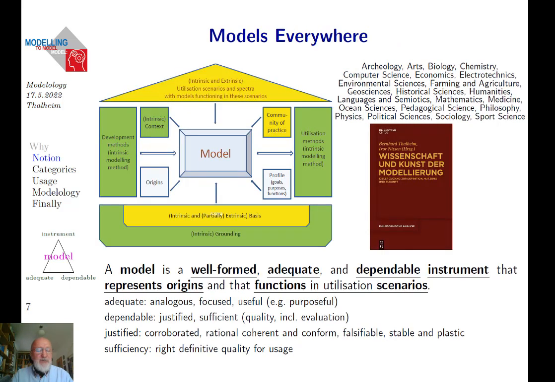My claim is models are everywhere. If you see here the Brown book, unfortunately it is written in German language, we have been analyzing about 40 different disciplines in sciences and engineering and came up with a detailed discussion in about 20 disciplines, and we came up with some kind of architecture, a common understanding of a model after this bottom-up analysis, and we found that a model is something that is adequate, dependable, and it is used as an instrument.